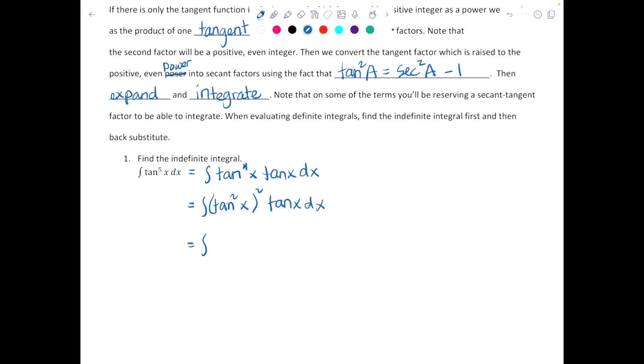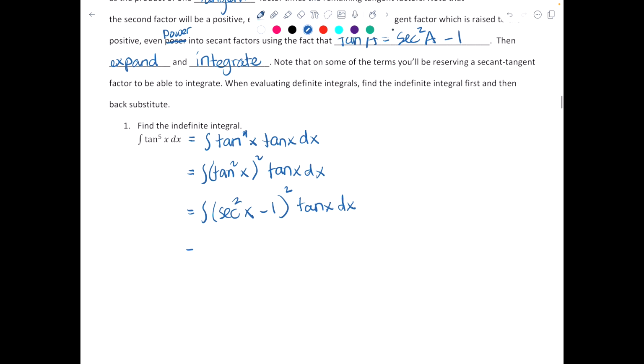So here we go. We will have secant squared at x minus 1, the quantity squared, times tangent x dx. And then expanding that square, we'll have secant to the 4th at x minus 2 secant squared at x plus 1, times tangent at x dx.